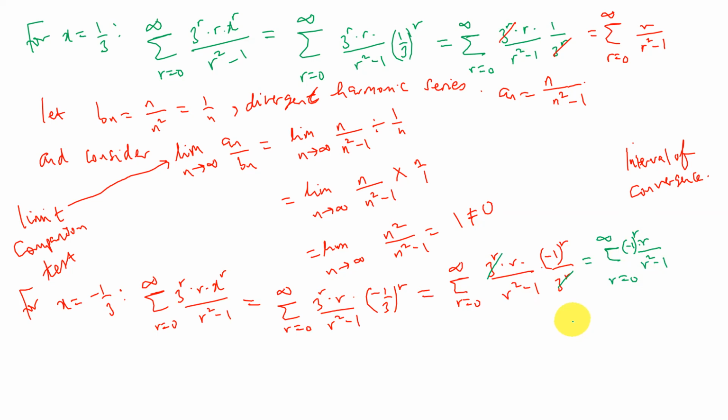So for the alternating series test, you choose Bn, you just leave the minus, Bn equals n divided by n squared minus 1.